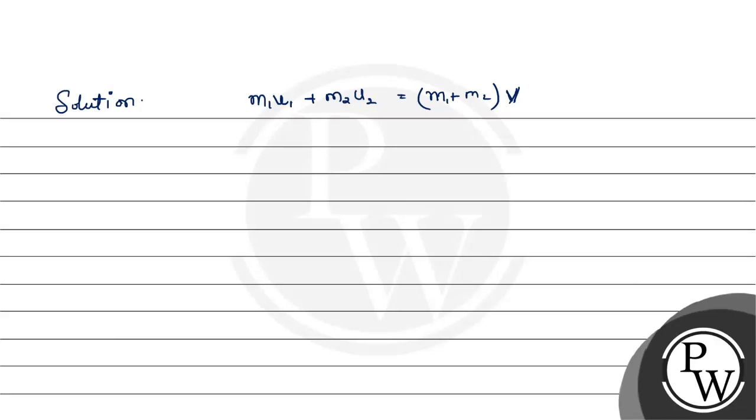Now let us put the values. So we have 0.5 into u1 is 4 plus 0.25 into u2 is minus 3 is equal to 0.75 times v.